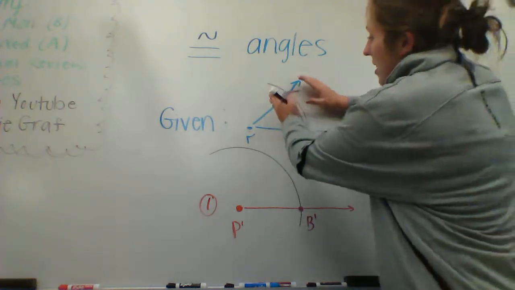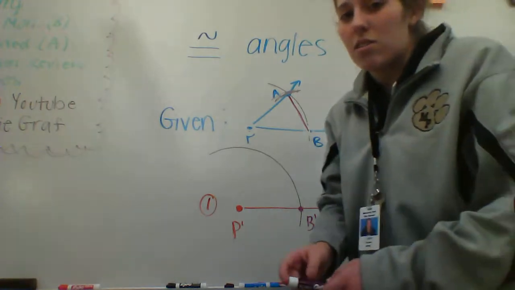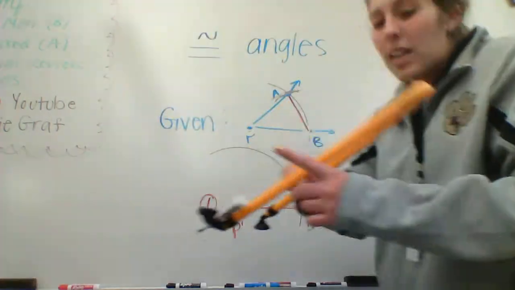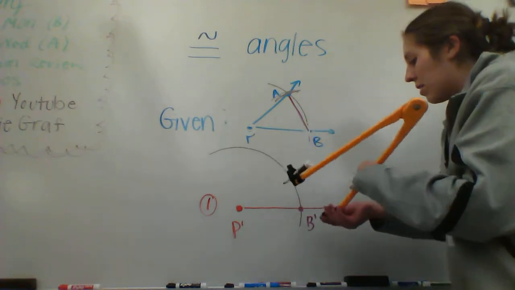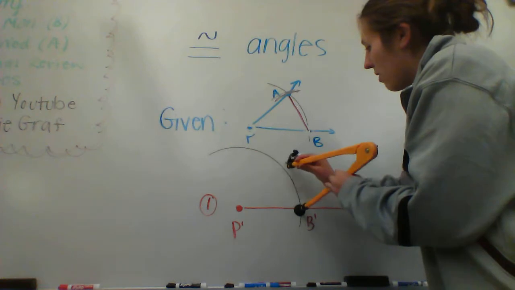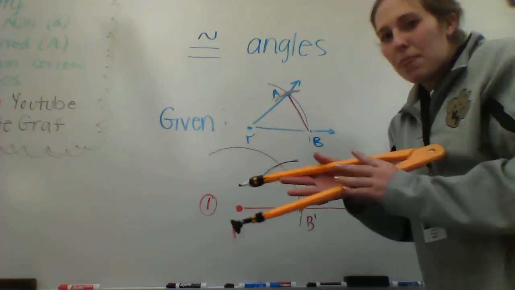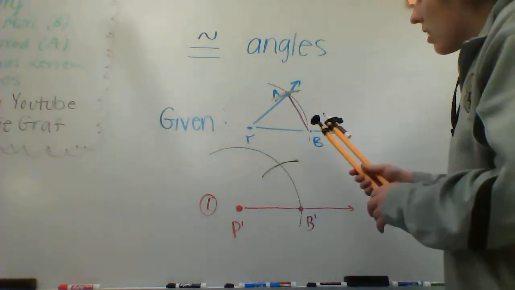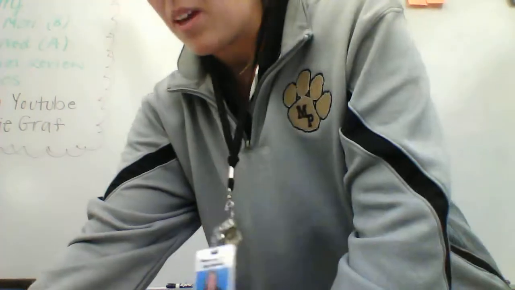This isolated step with the arc is constructing a congruent segment. Now you're going to take your compass and put the needle point on B prime, and then draw your arc. We just constructed a congruent segment of AB.